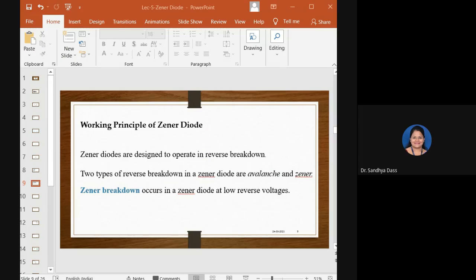If the breakdown voltages are greater than 5 volts, then the Zener diode will predominantly work in avalanche breakdown. The breakdown voltage at which the Zener diode will operate is set during the manufacturing process, where the doping level is designed in such a way that the Zener diode operates in the Zener breakdown region.